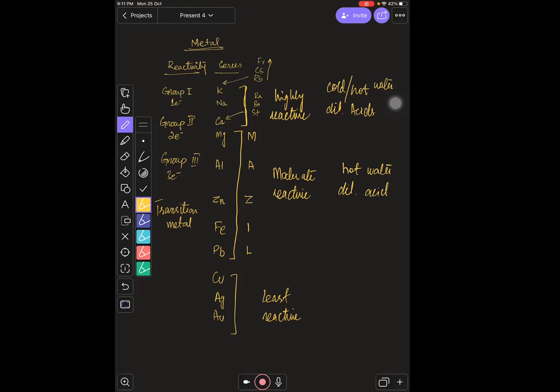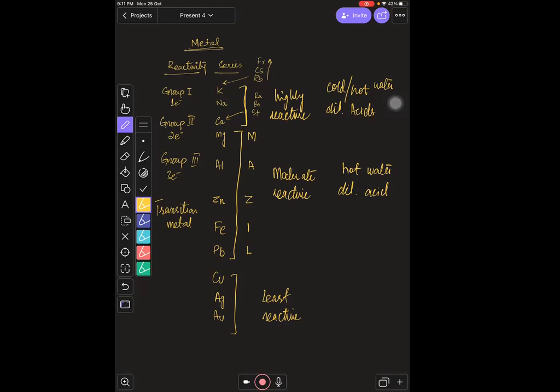Now, if you talk about the least reactive, they are just useless in reactions. They are not going to react with hot water, and they're not going to react with cold water. They are not going to react with dilute acids even. So there is no reaction over there. That is why they are least reactive. That is why we are using jewelries made up of silver and gold, because they are least reactive.